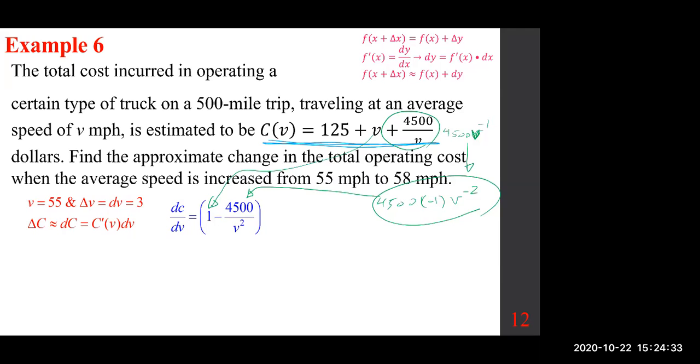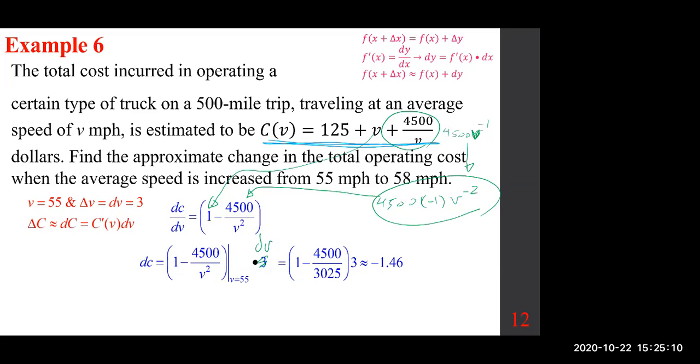So what is dC? The same thing times dV, okay, class? So actually, maybe you want to write dV first and then replace it with 3. So you want to write it as dV and then times, replace the V with 55, dV with 3, and evaluation will give us -1.46.